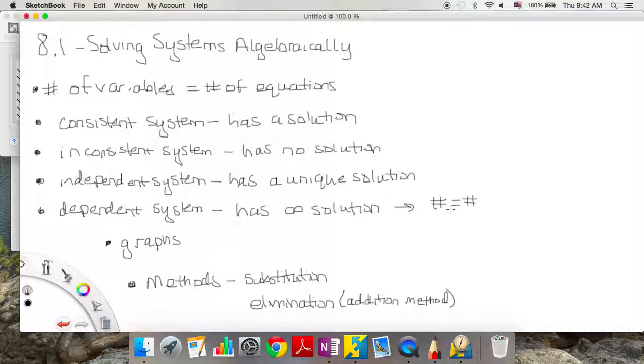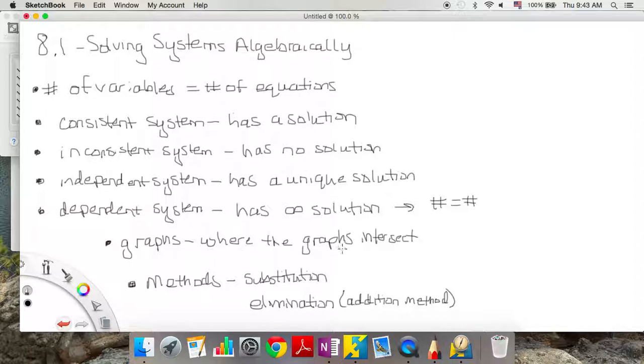Now, when you have systems of equations, the thing you need to remember is that all equations have pictures, the graphs that we looked at. And when you have a system of equations, the solution is where the graphs intersect. So if you have two lines, it's where those two lines intersect.